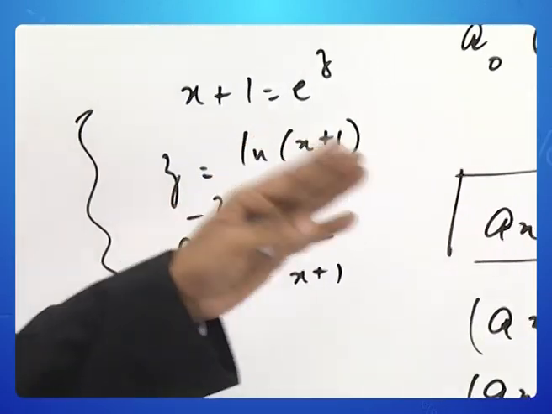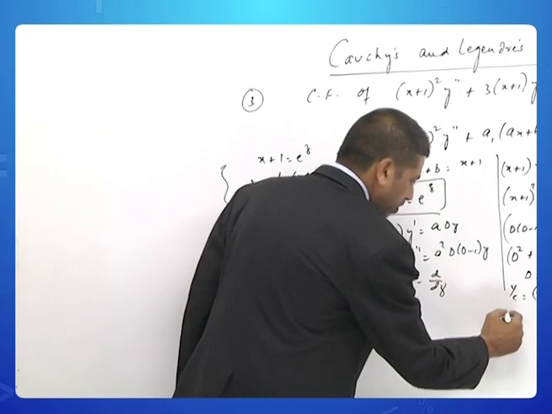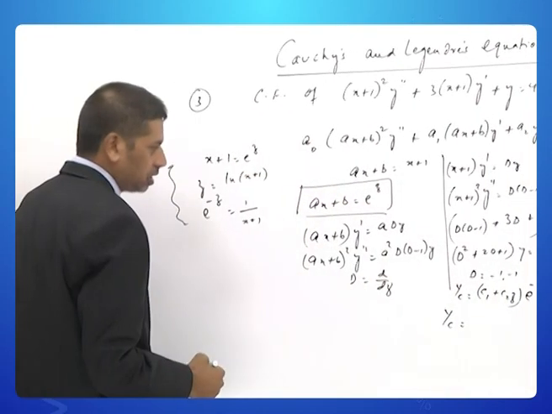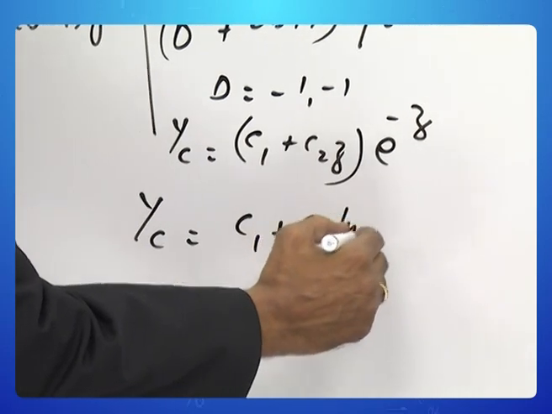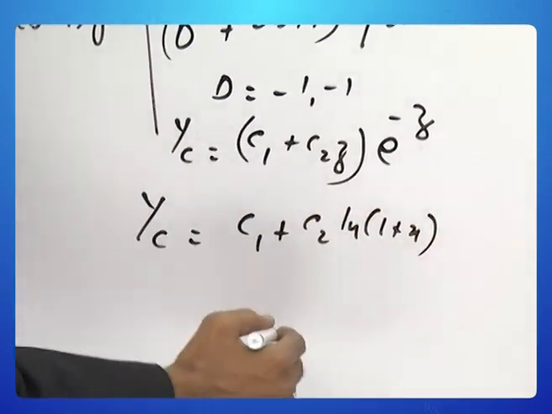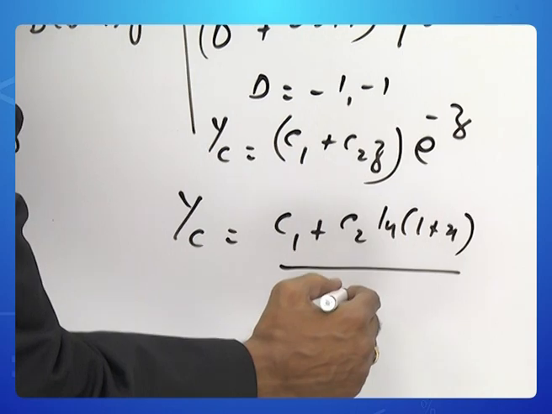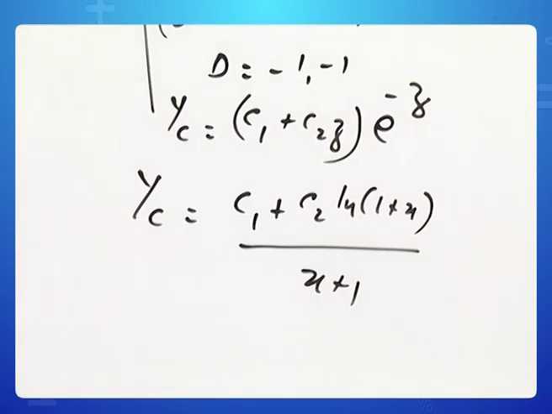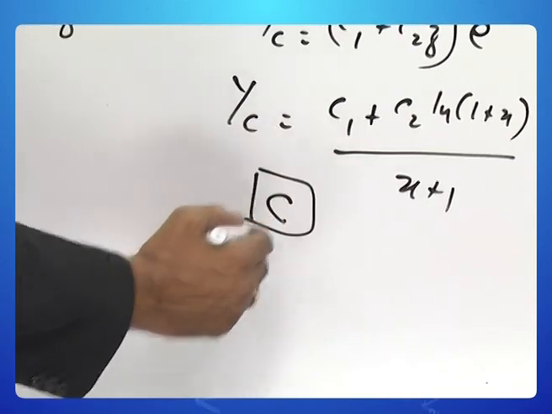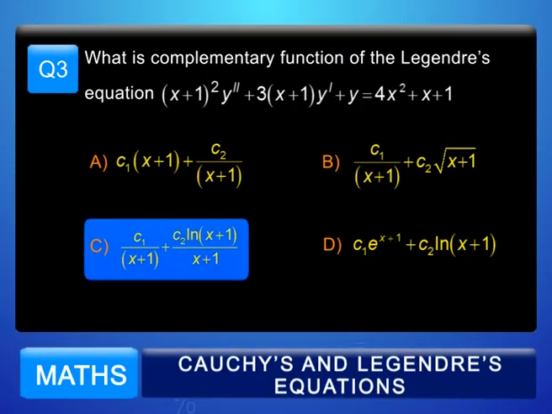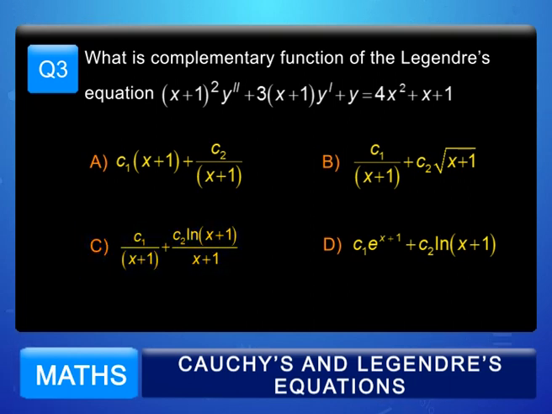So, if you take this and write the complementary function in terms of x, you will have c1 plus c2 log of 1 plus x divided by x plus 1. So, you will find that option C matches with this. Of course, option C appears as c1 by x plus 1 plus c2 log of 1 plus x by x plus 1.